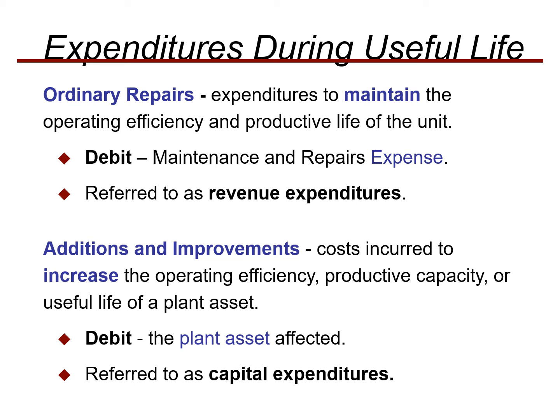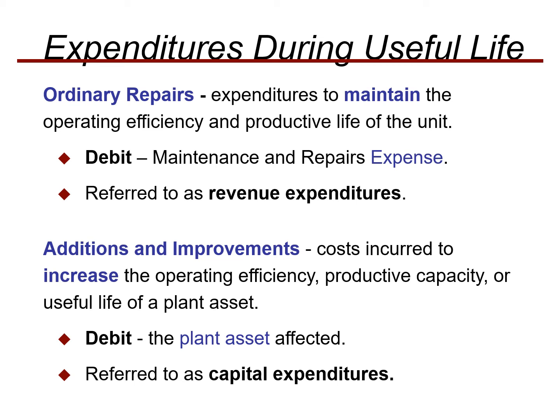which provides benefit for less than 1 year. But if you are making any kind of improvement or addition, or increasing the capacity of your operating assets, you have to incur cost.